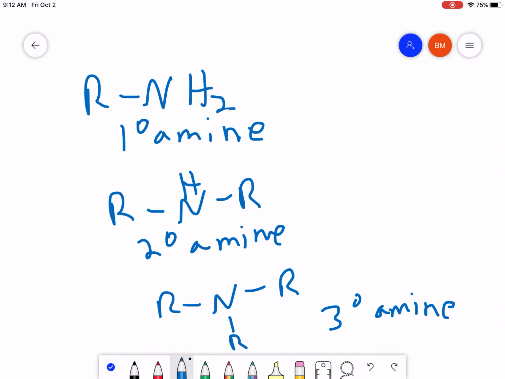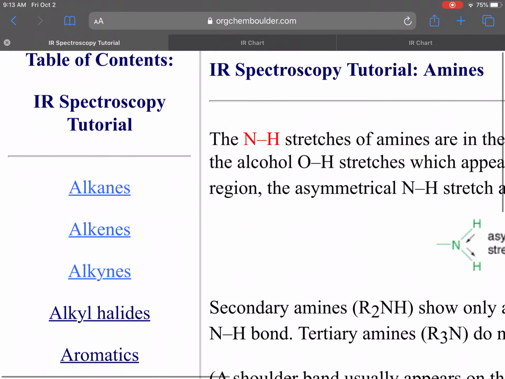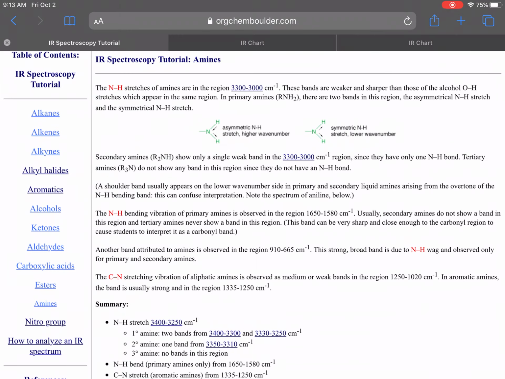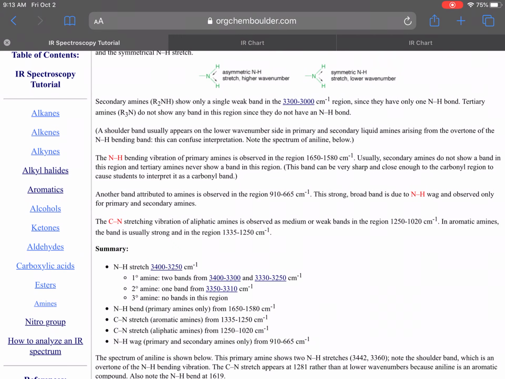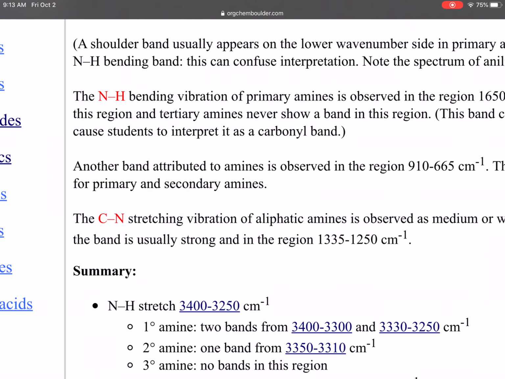All right. So, what are we seeing new here? Well, for one thing, and this is the main thing, we're going to see an NH stretch.